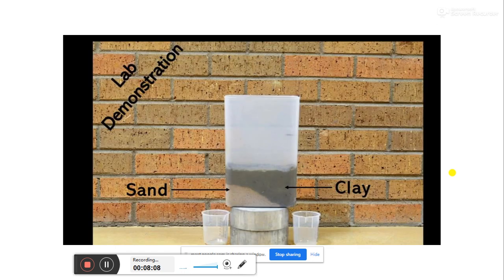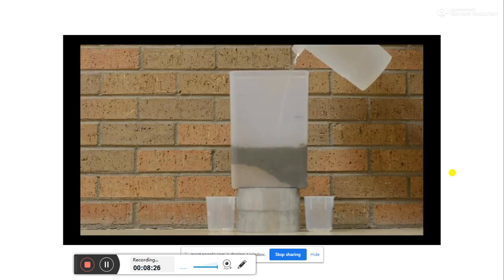Let's look at the demonstration. In the same container, one half is filled with sand and clay, whereas the other half is just clay. The samples are placed in water.